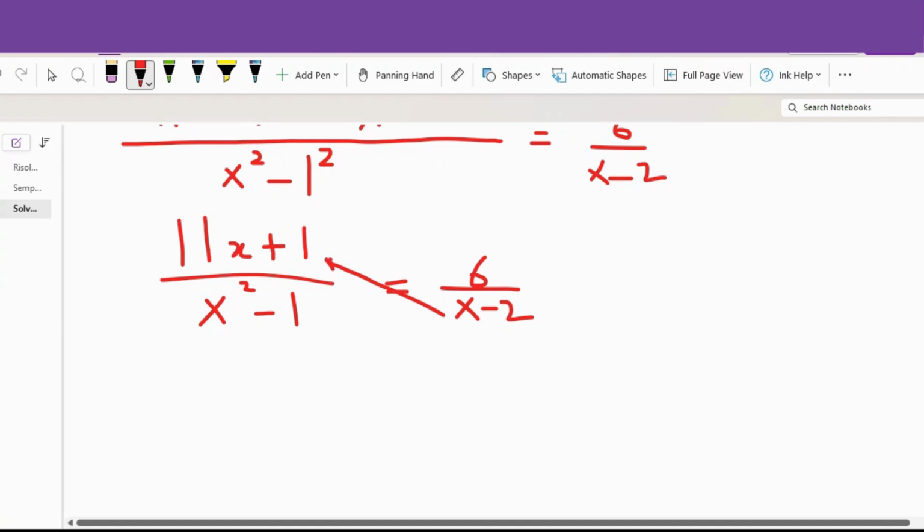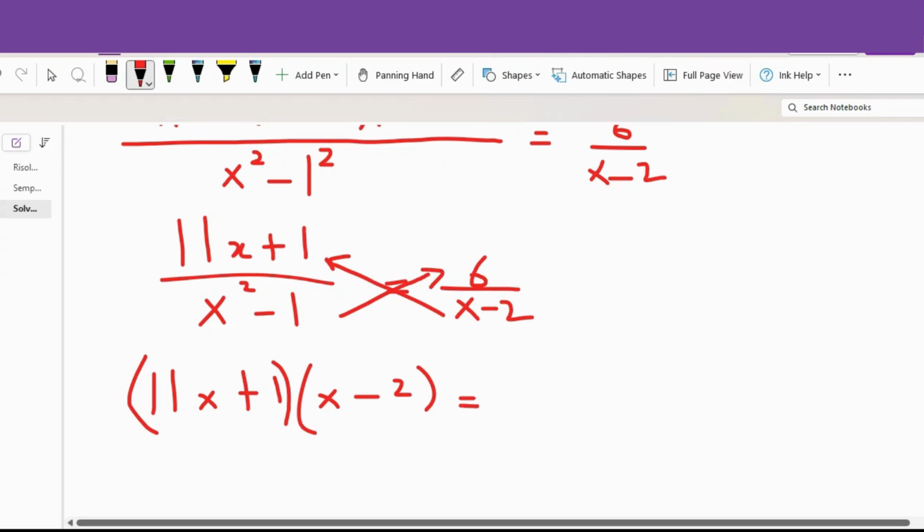We would move this x minus 2 on this side and this on this side. So it's going to become 11x plus 1 times x minus 2. Make sure you put this in the parentheses. And here it would be 6 into x squared minus 1.